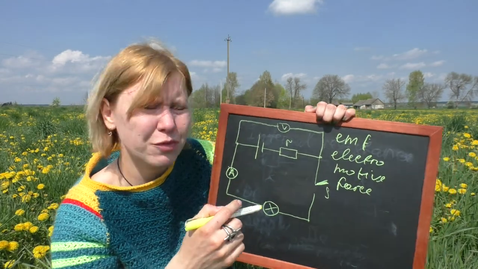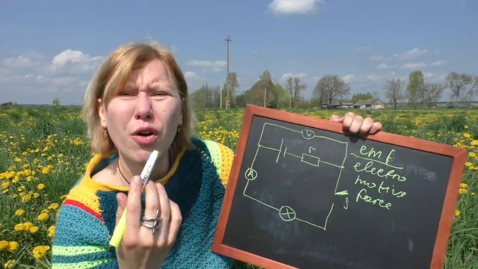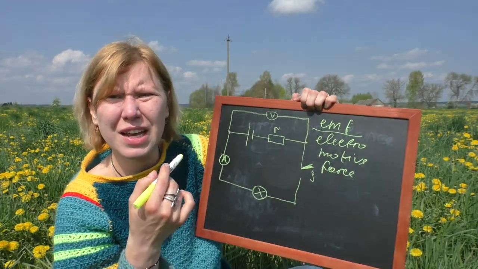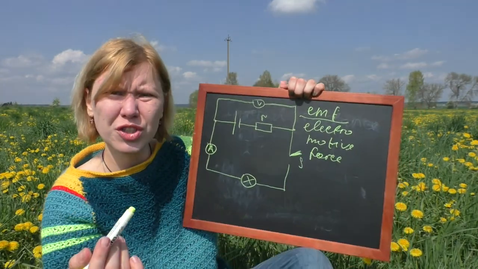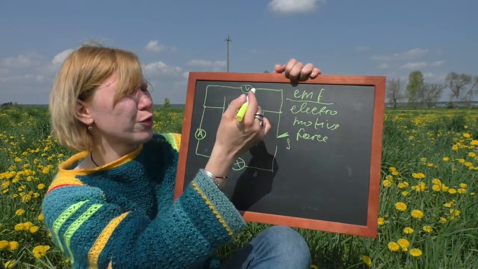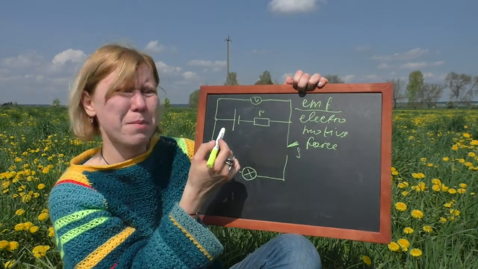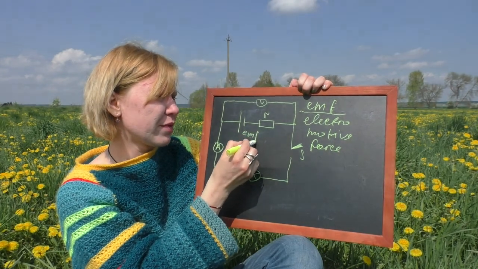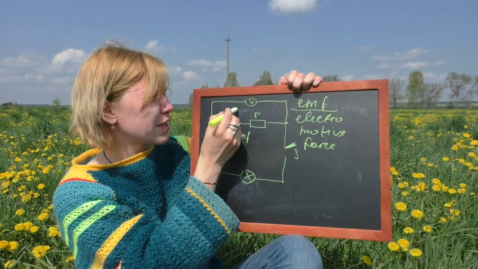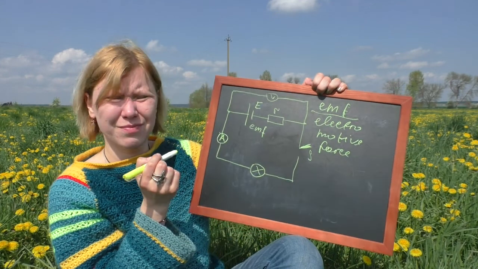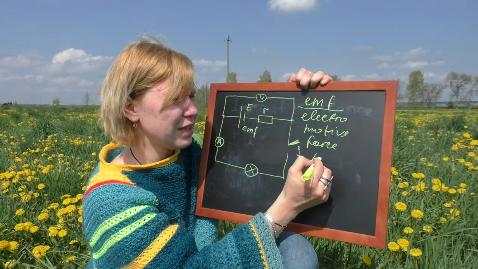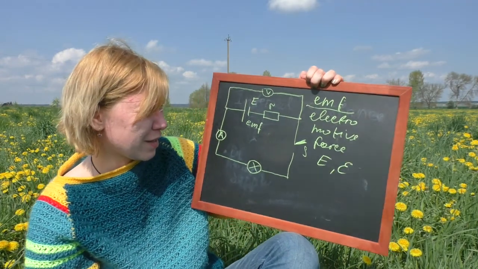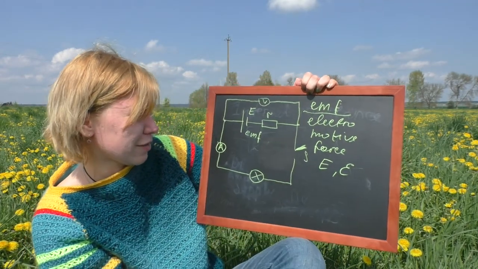This electromotive force is also in units of volts. So it's like an analog of voltage when we have the full circuit, the circuit with a battery. EMF is denoted with E, or it can be capital epsilon.